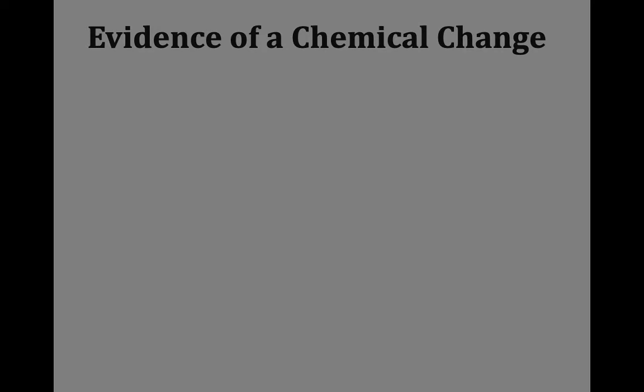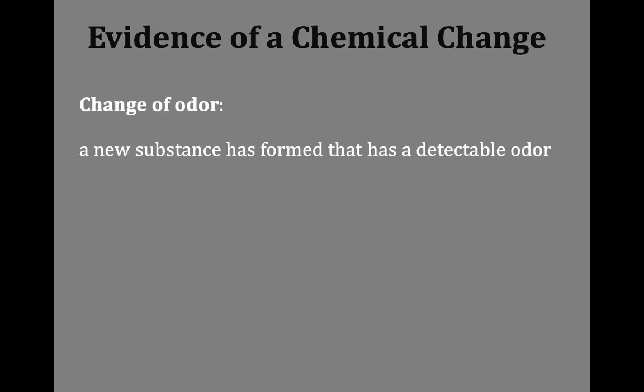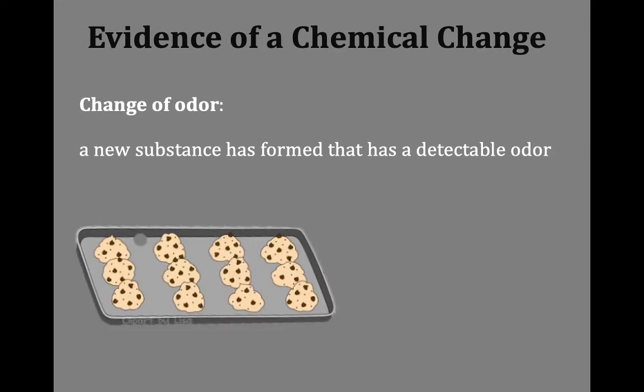The second evidence of a chemical change, again related to food, would be a change in odor. A new substance has formed that has a detectable odor. An example here, if you have cookie dough, before you put it into the oven, it might look like this. And then as it's cooking, you might notice a certain smell. This might be true for anything that you're baking or cooking.